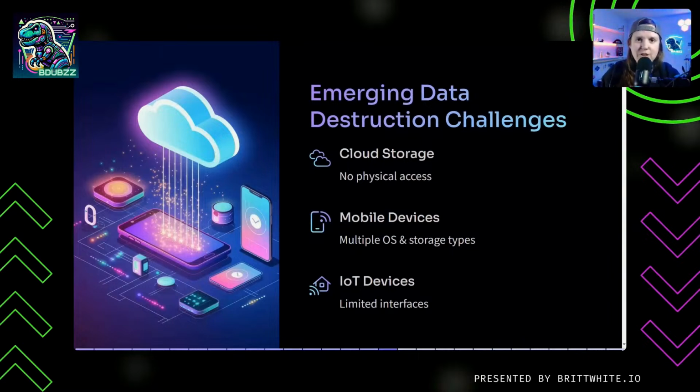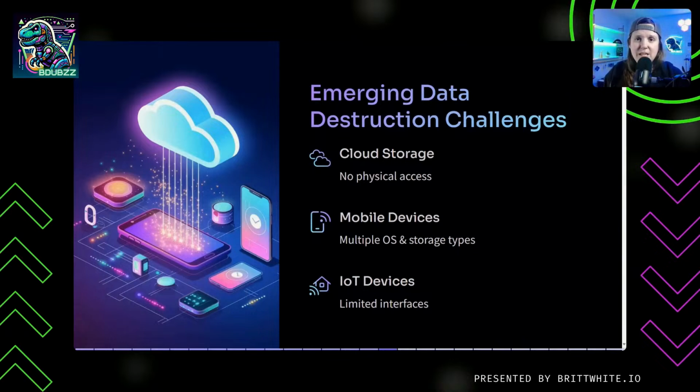First, with cloud storage, this is interesting because we often don't have physical access to the hardware. That's why we rely heavily on crypto shredding here, encrypting the data and then destroying the encryption keys. For mobile devices, it gets tricky because we're dealing with various operating systems and storage types. Each one might need a different approach or specialized tool to ensure proper data deletion.